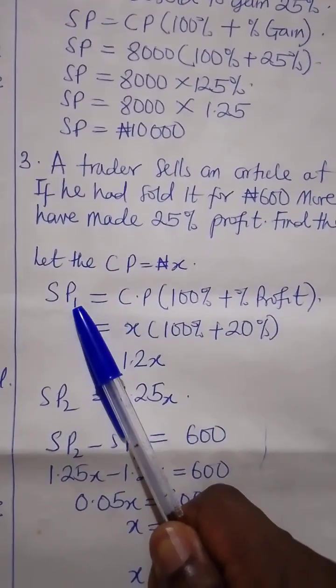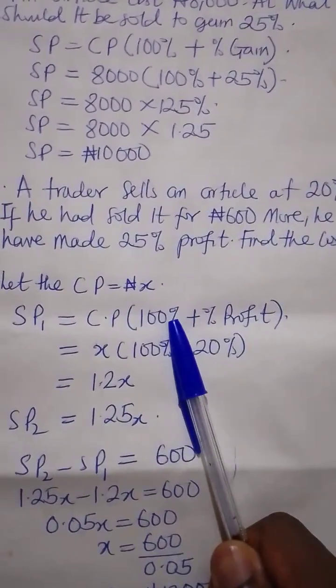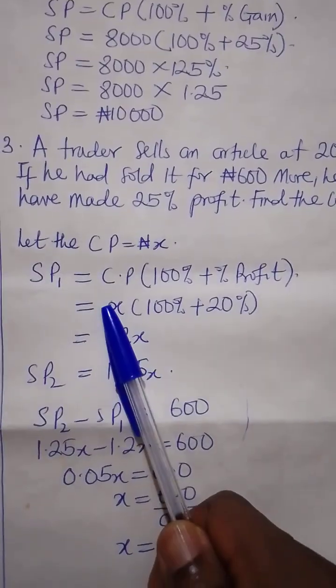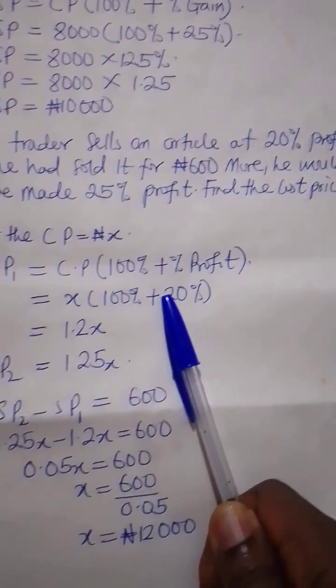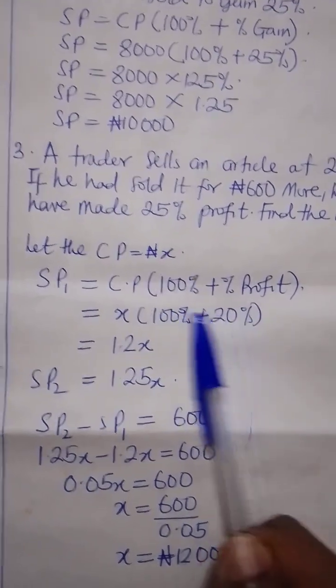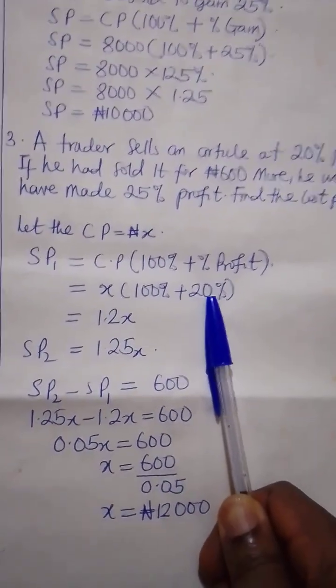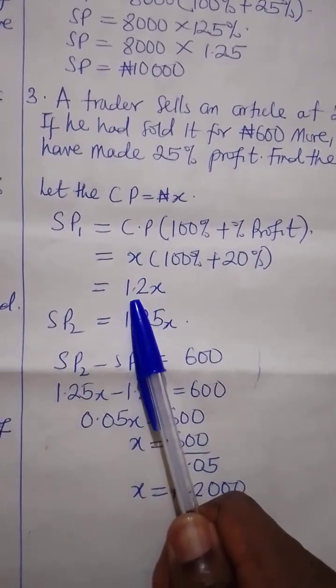So we're going to take that now. We'll quote our formula again. Selling price is cost price into 100% plus percentage profit. And so as cost price is X, a percentage profit is 20%. And then if you resolve this is 120%. 120% is like saying 120 over 100. I'll give 1.2. 1.2 times X, that gives us 1.2X.